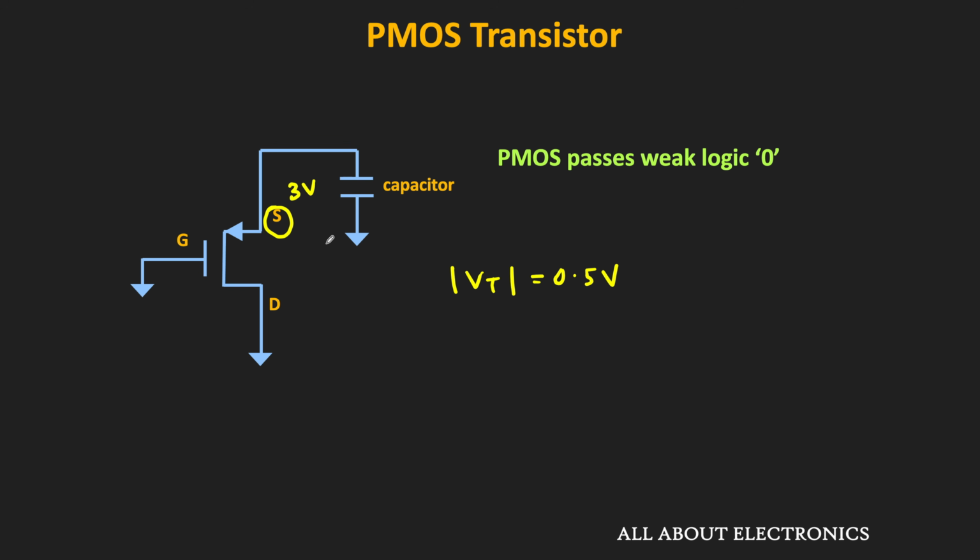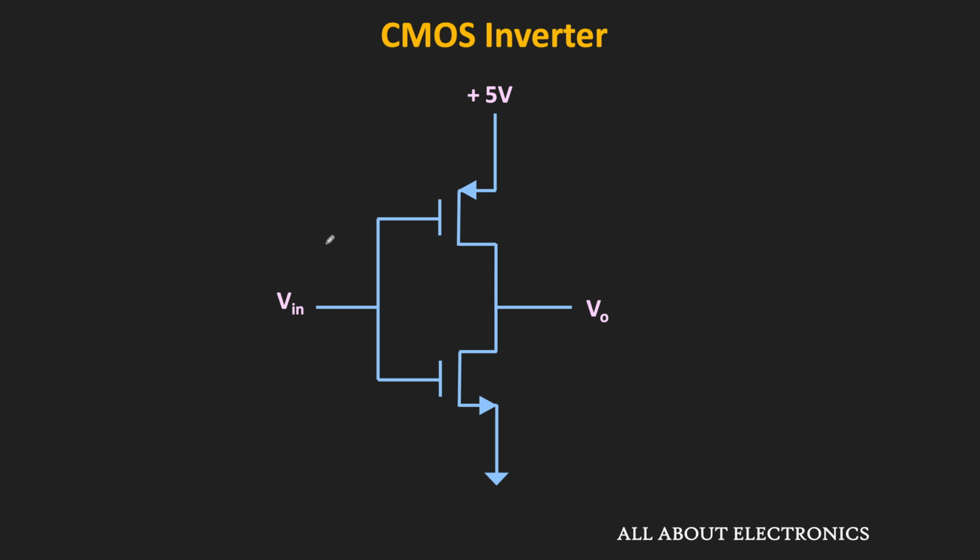That means whenever we want to pull down the voltage of the specific node to the logic 0, then it is not preferable to use the PMOS transistor. That means this PMOS transistor is not preferable to use in the pull down network, but it can be used in the pull up network where we want to pull up the voltage to the specific node. So in the CMOS logic gate, both PMOS and the NMOS transistors are used.